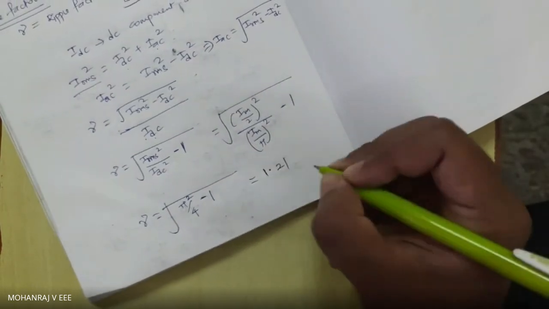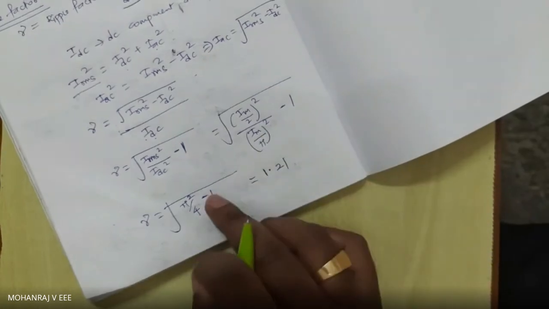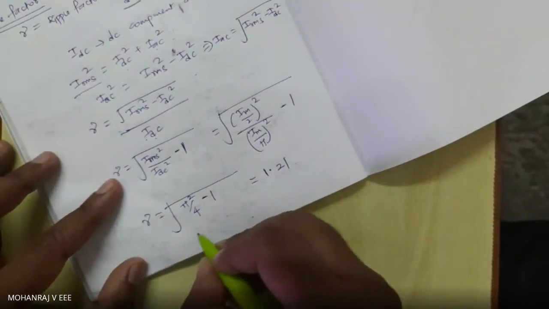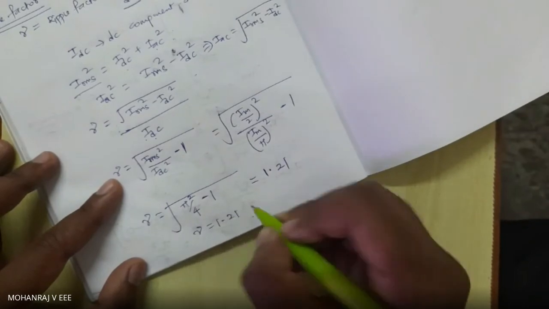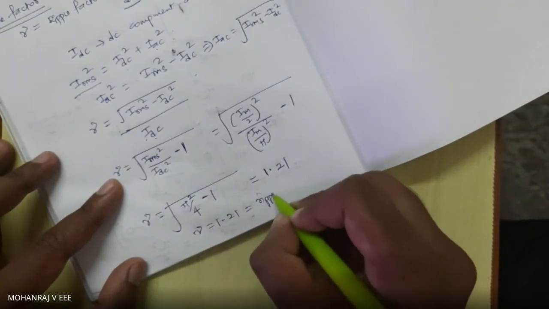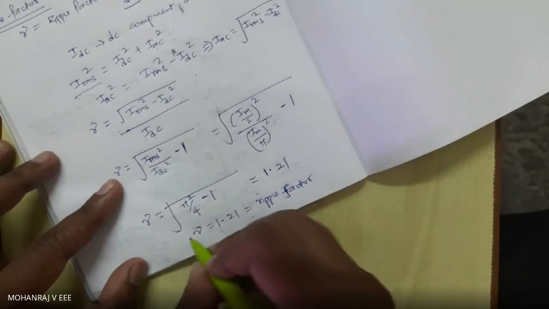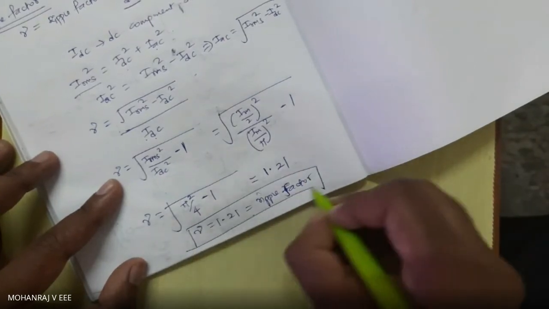So that is my ripple factor of half-wave rectifier. 1.21 ripple factor of half-wave rectifier.